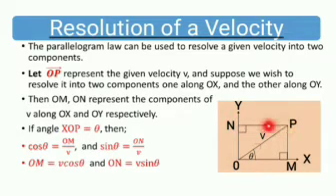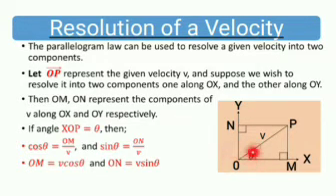When PN is perpendicular to OY, that means we have a right angle triangle here, and here we also have a right angle triangle. So OM and ON will represent the components of it along OX and OY respectively.